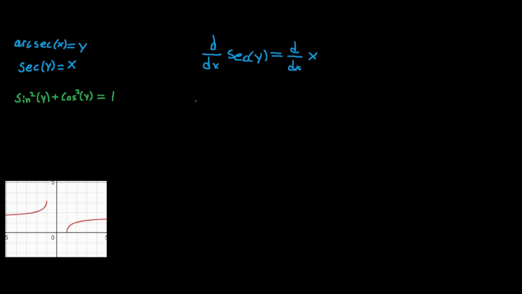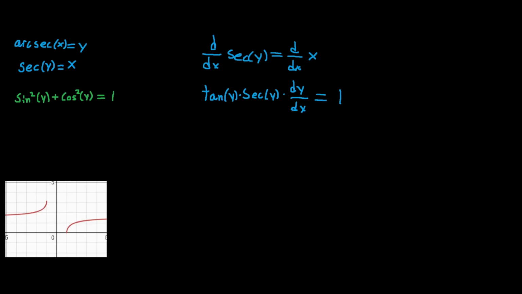And then I can expand this. The derivative of secant is tangent of y times secant of y. And then, of course, we're going to have dy over dx using the chain rule. And then I'm going to say this is equal to, the derivative of x is just 1.